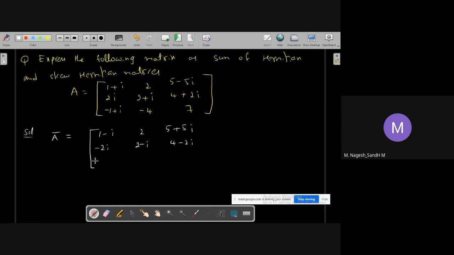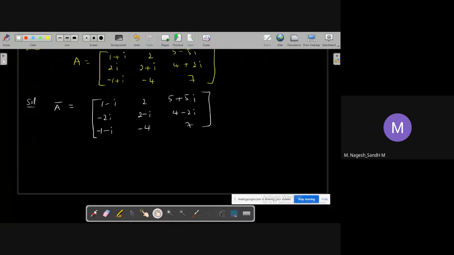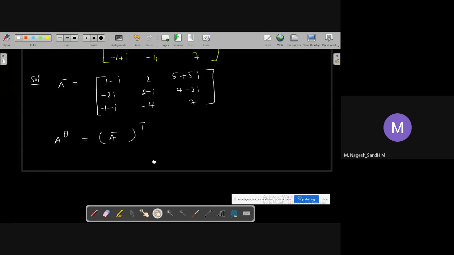Minus 1 minus I, minus 4, 7. So after that, you go for A power theta. What is A power theta? A conjugate whole transpose.